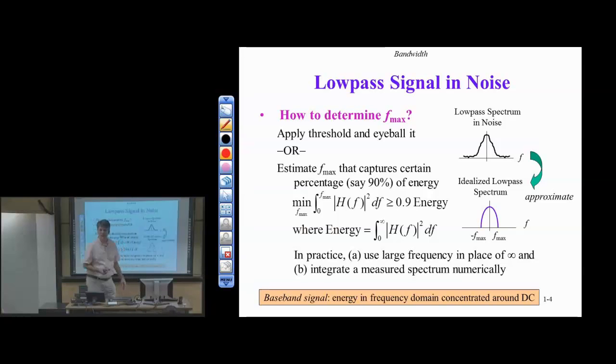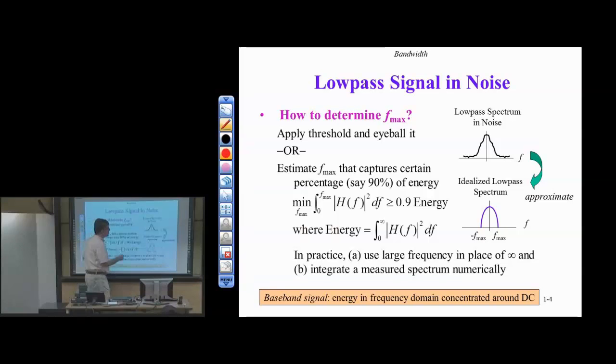So let's take the low-pass case first. We would like to approximate a spectrum or frequency content we might see in practice using the ideal model, which is this ideal band-limited spectrum. So let's look at what we might have in practice.